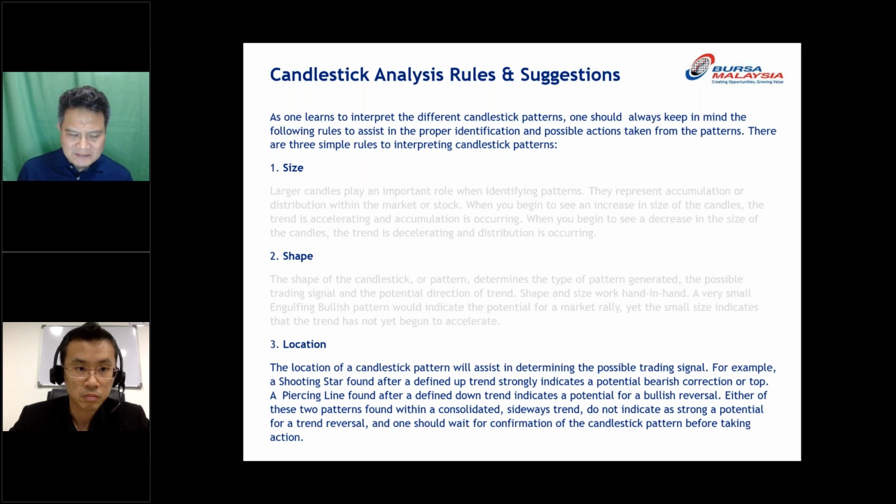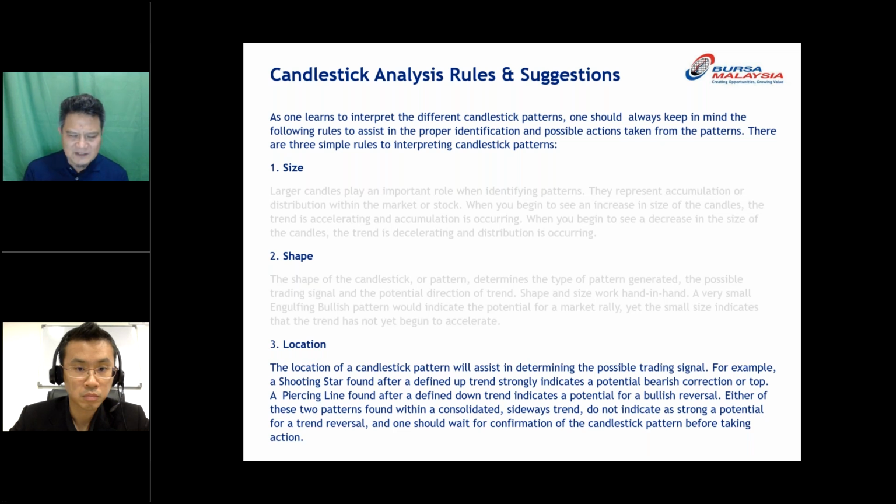Either of these two patterns found within a consolidation is different. Say there is a shooting star but the market is sideways at that time, so it does not indicate a strong potential for a reversal. It depends on the location of the pattern to determine whether it is a reversal or carries no meaning.